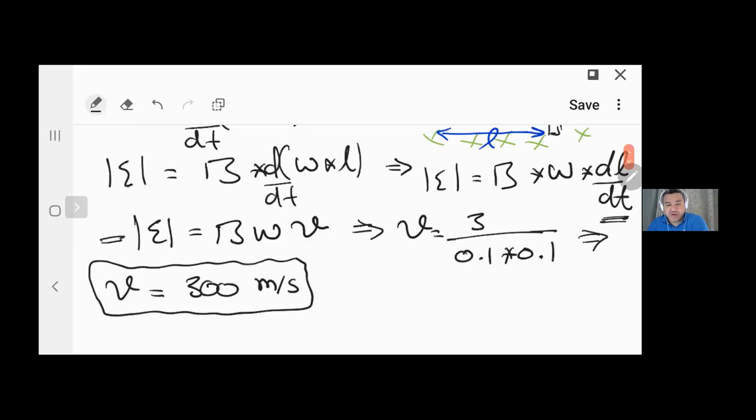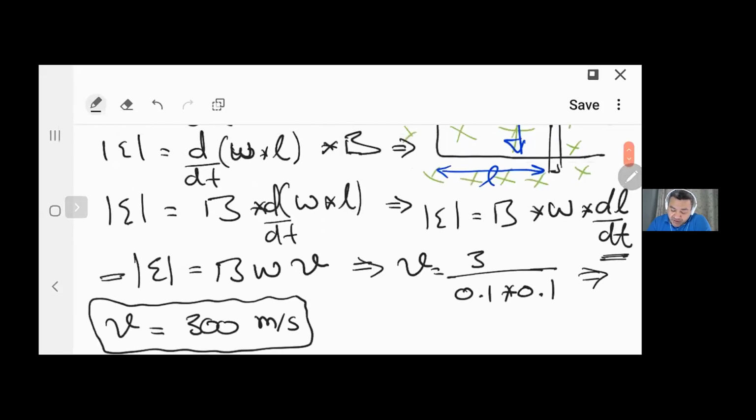Any questions so far? v is the dL over dt, the difference in distance divided by the difference in time. Yes, this is the magnetic field, 0.1 Tesla.